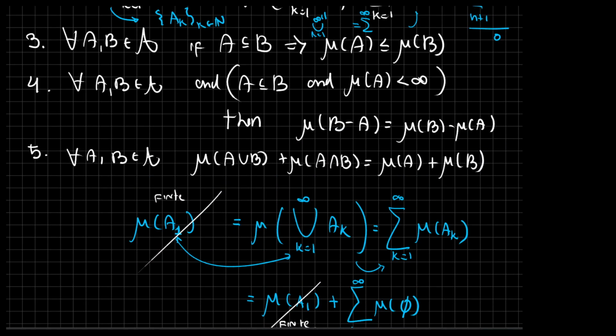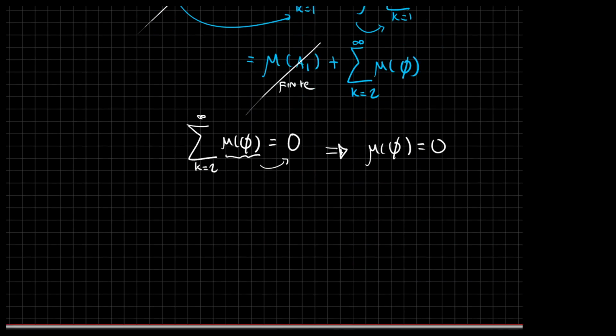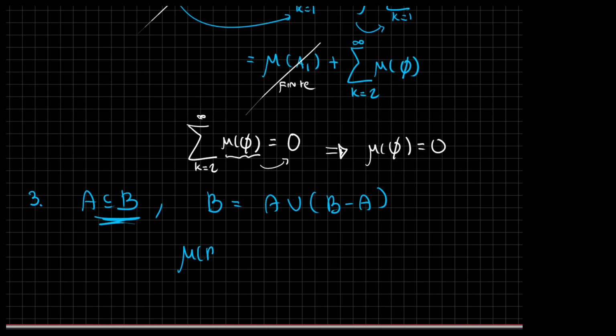For the third property, we will use the second property. I think you can write it here. We have some set like this, then we can write b as the union of a with b minus a, because this is a subset. So the measure of b will be equal to the measure of a united with the measure of this set.